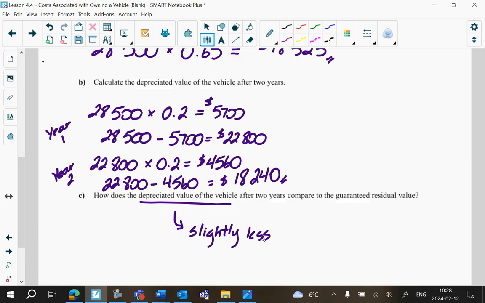But remember that 18,240 that's left after 2 years of depreciation, you've paid for that vehicle. It's still your vehicle. That guaranteed residual value, that 18,525, is how much, after 2 years, you've got to give that vehicle up, or you've got to buy it for 18,525.